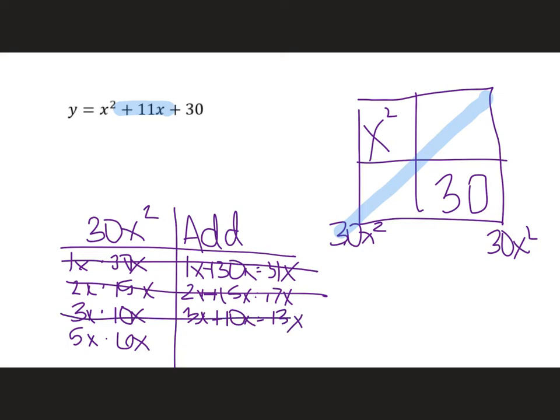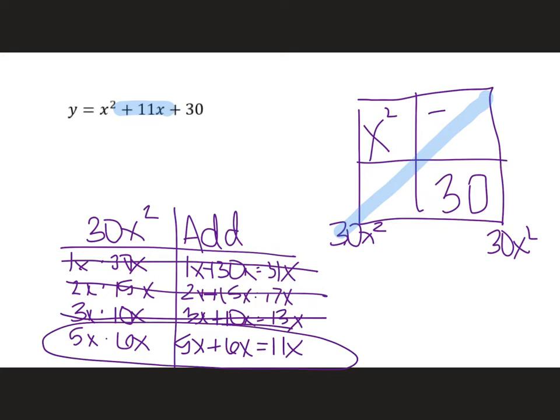Still not 11x, which is that middle term. 5x plus 6x does equal 11x. So these are the two factors that would have created 11x for us. So we want to put those in this box. So we're going to put 5x and 6x.